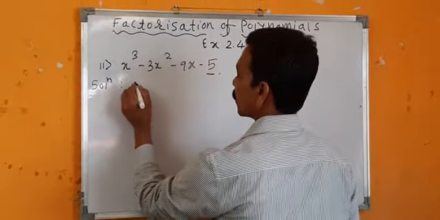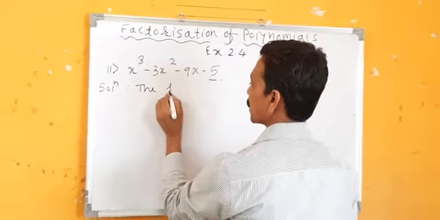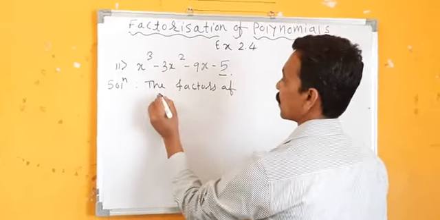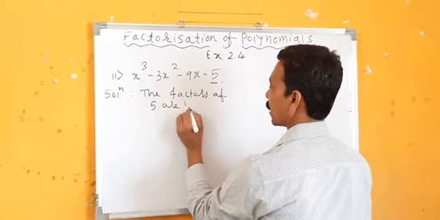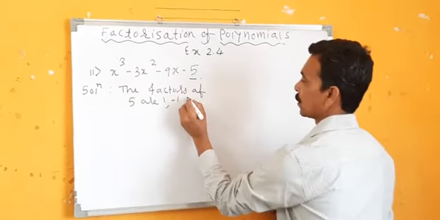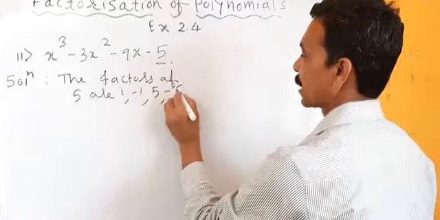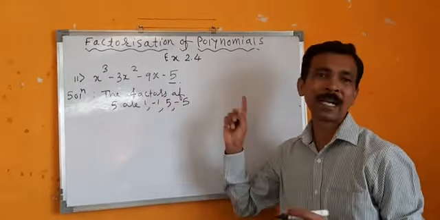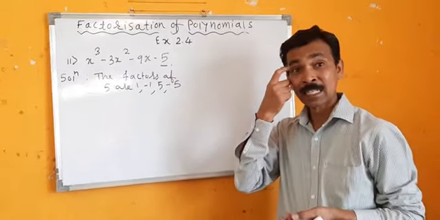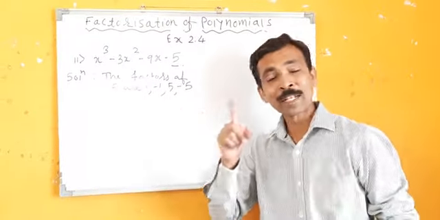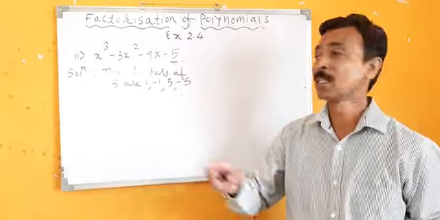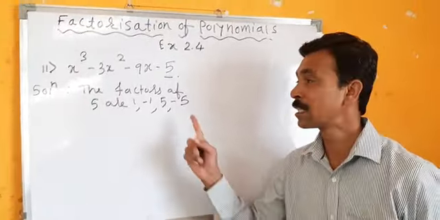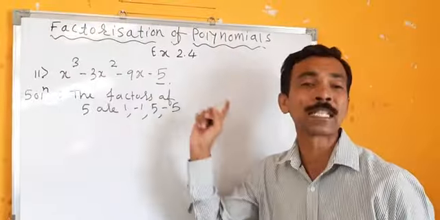The factors of 5 are 1, minus 1, 5 and minus 5, because 5 is divisible by 1 and 5 only. But as I said, if you are taking 1, you have to take plus 1 as well as minus 1. If you are taking 5, you have to take plus 5 as well as minus 5. This is the rule to solve this sum.